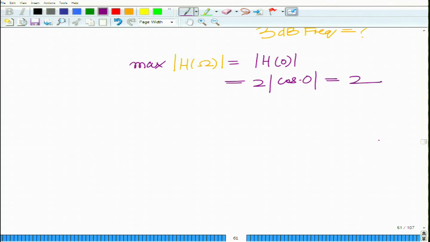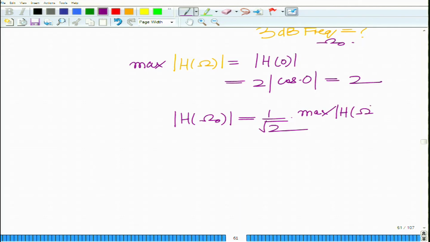Now, the 3 dB frequency, let us call this omega naught, will have to be such that magnitude H of omega naught is 1 over square root of 2 times the maximum of the magnitude of H of omega, which is 1 over square root of 2 times 2, which is square root of 2.